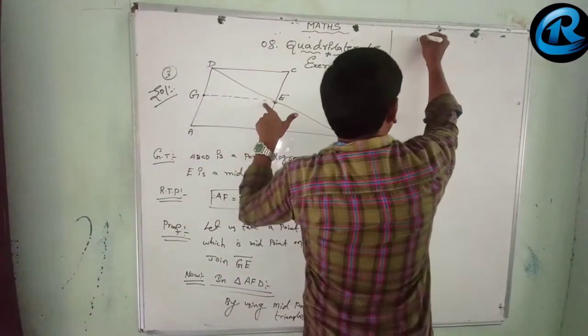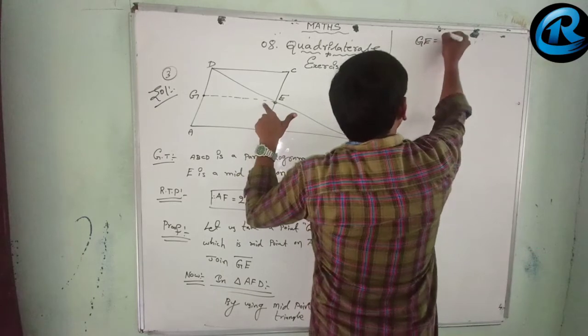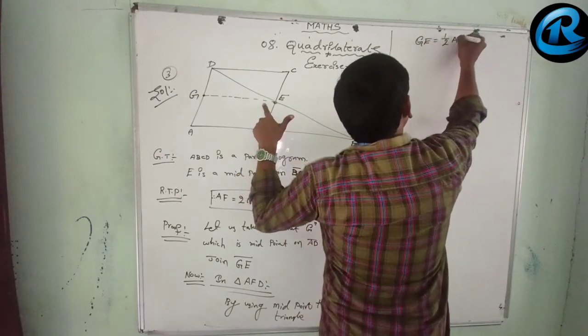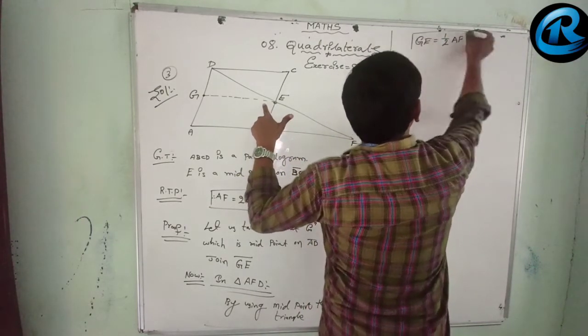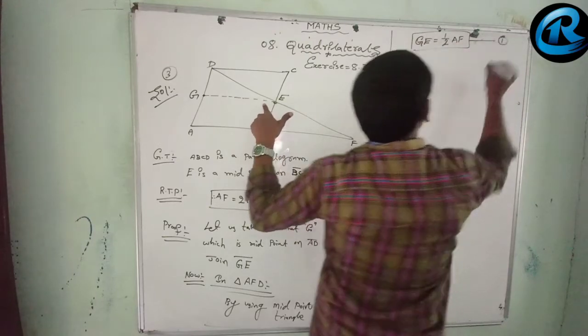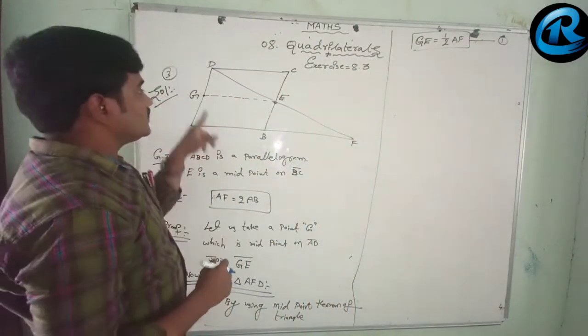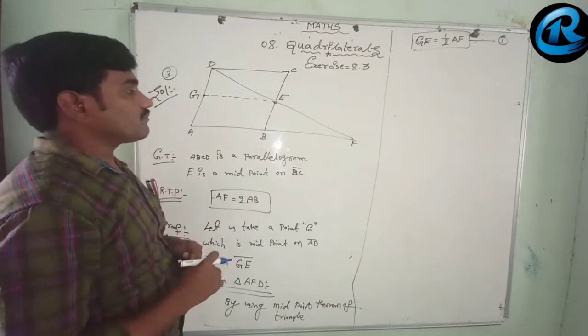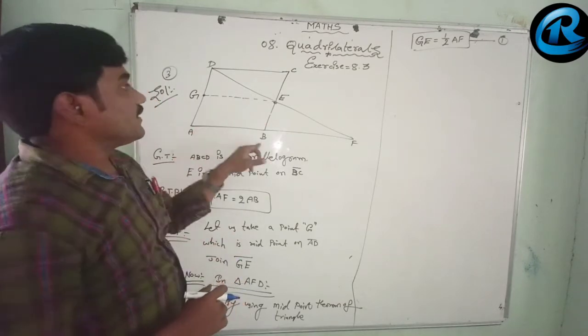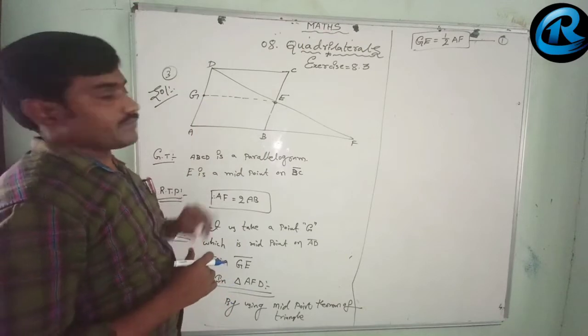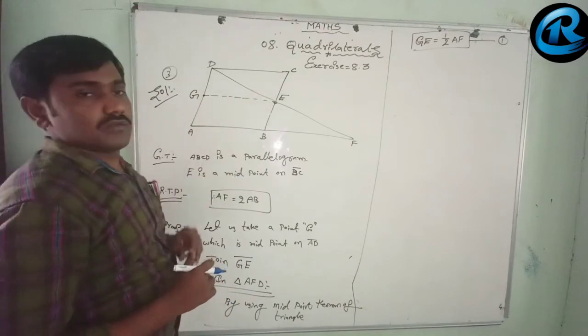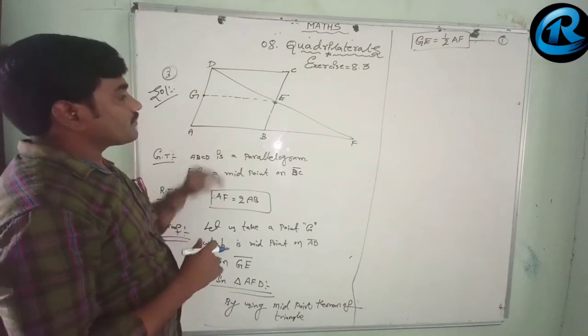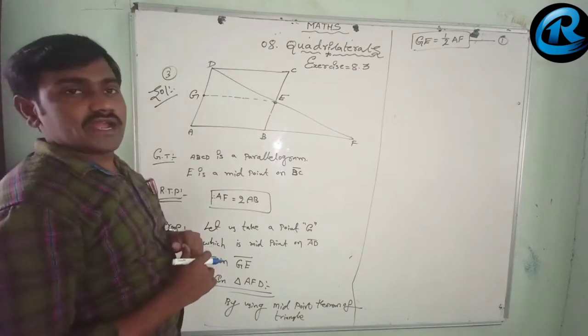GE equal to half of the AF. GE equal to half of the AF. That is equation number 1. GE is half of the AF. And now, where ABCD is a parallelogram. ABCD అనేది already parallelogram, already given. So, these opposite sides are equal and parallel.